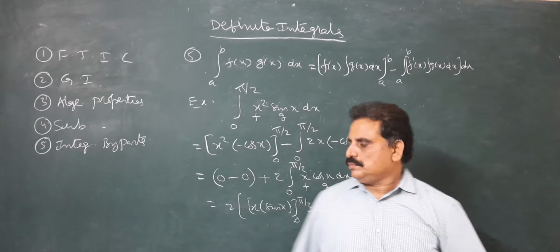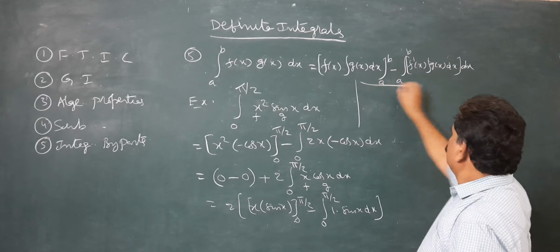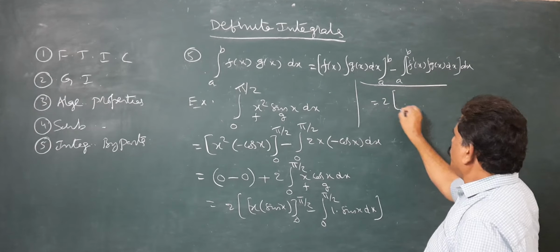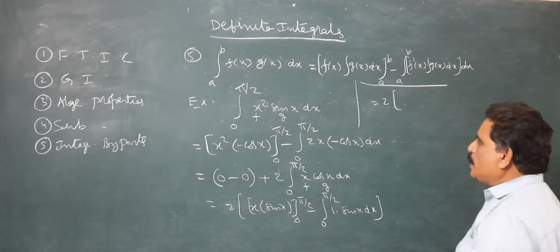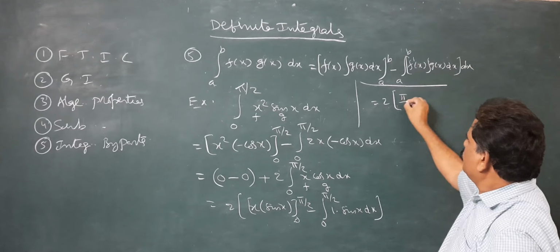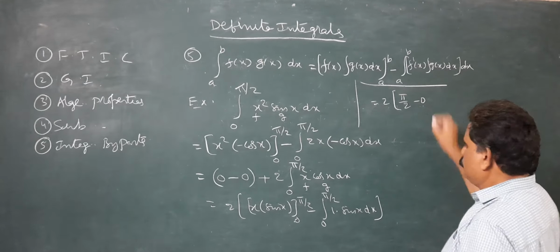Now apply the limits: 2 into x is pi by 2, sin pi by 2 is 1, so pi by 2, minus lower limit 0.